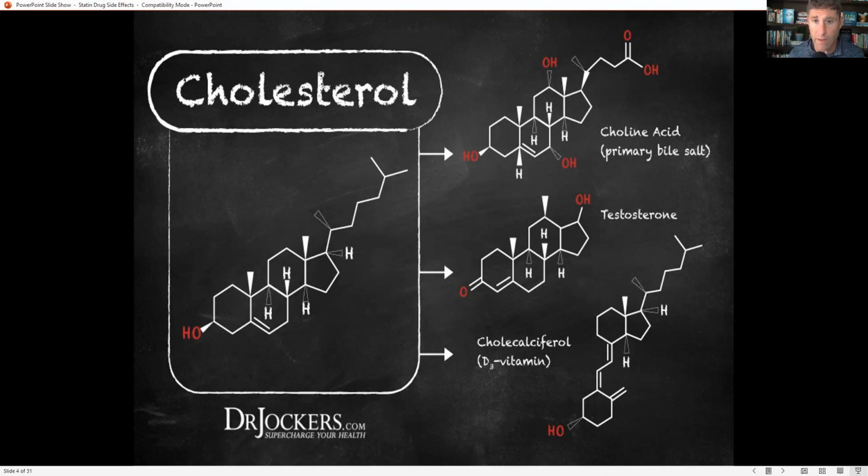It also turns into vitamin D, uses the same precursor, squalene. And when we have UVB rays against our skin, it will go down a pathway to produce cholecalciferol, which is your vitamin D3. And so it's also necessary for vitamin D3. And so you can just imagine, if we're lowering cholesterol, or blocking our body's own ability to produce cholesterol, it can certainly affect digestion by reducing the amount of bile.